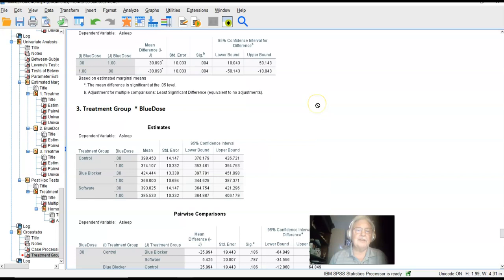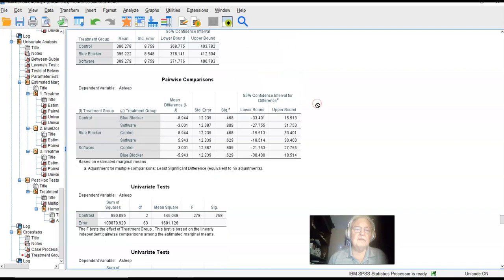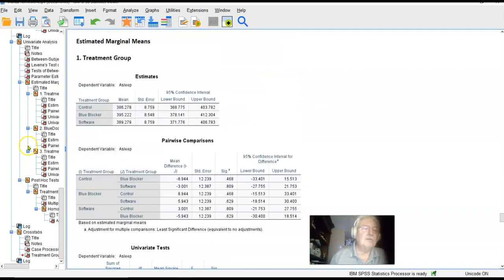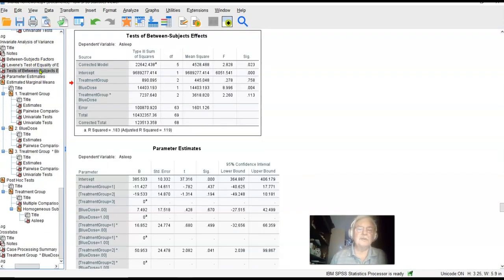We come up to main effects. We'll just come over here, tests between subjects, and eta for the treatment group is 890 divided by the total sums of squares, and whatever that number is, that's the eta, that's the effect size, total effect size for treatment groups.